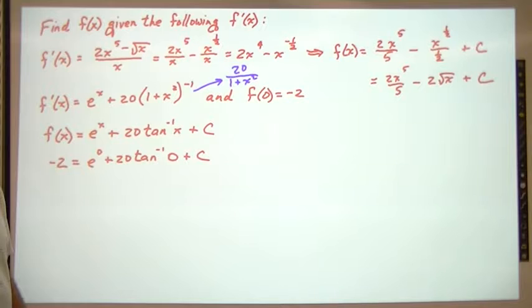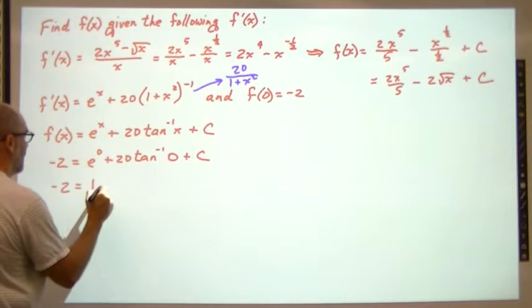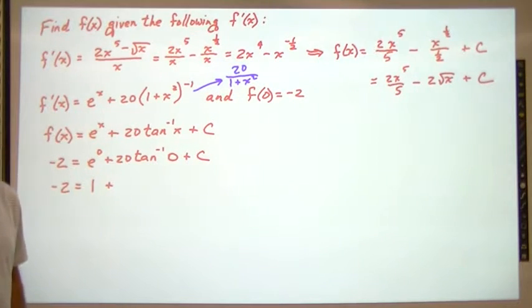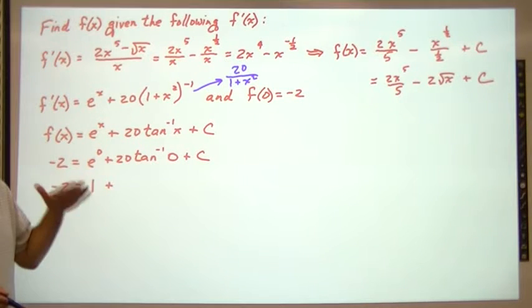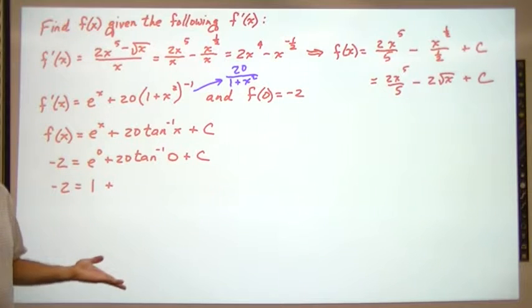Well, now I can solve for c. So e to the 0 equals 1. And inverse tangent of 0 equals, well, think about where is tangent equal to 0? At 0.